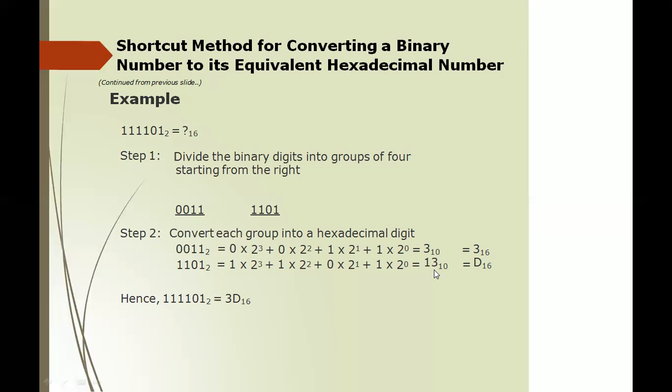And we know in the hexadecimal number system 13 stands for D, and we write the value 3 and D. Here 0011 is 3, and 1101 is 13, and that's why we get the result in hexadecimal, that is 3D.